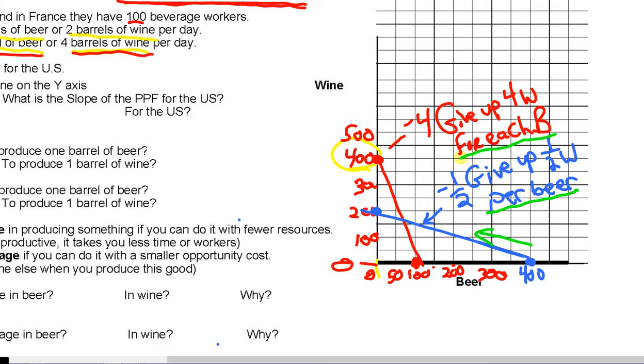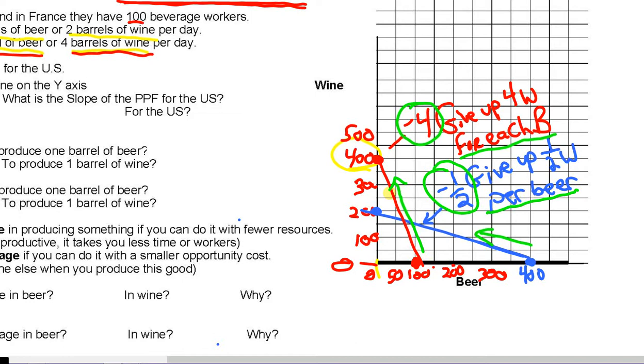you just look at the reciprocal of these slopes, 1 over those slopes. So the opportunity cost for France, if they started over here somewhere and they wanted to move in that direction and produce more wine, how much does each wine cost them?